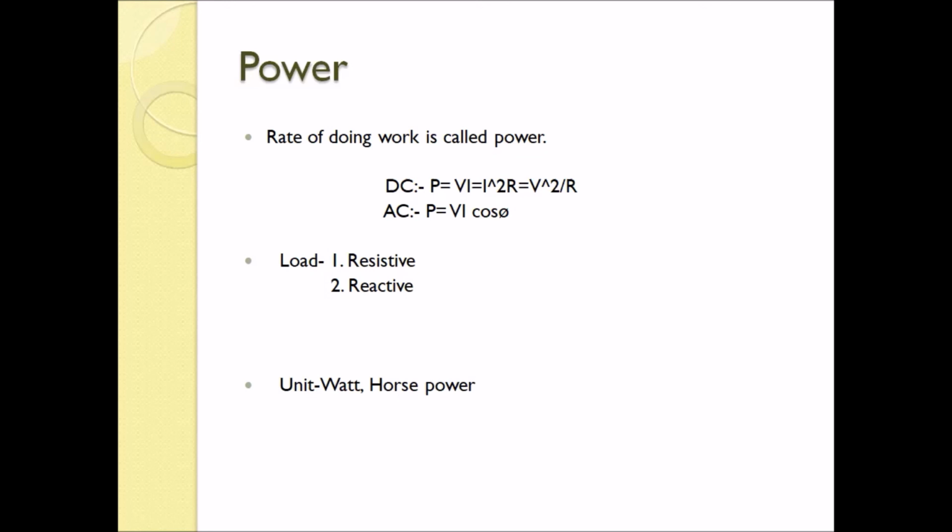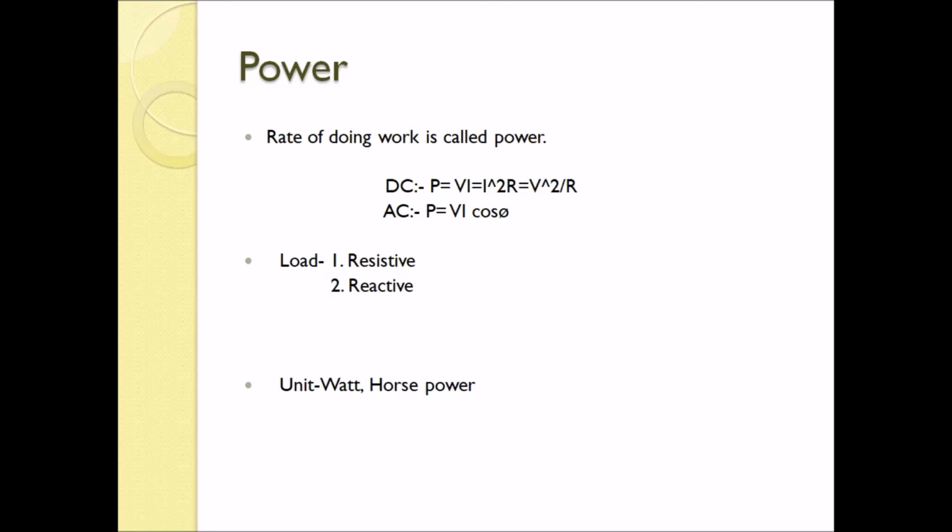Now we will discuss what kind of load we can connect across the supply. It can be categorized into two categories. One is the resistive load. The most common example of a resistive load is the electric bulb, which has a resistive element only in its circuitry.